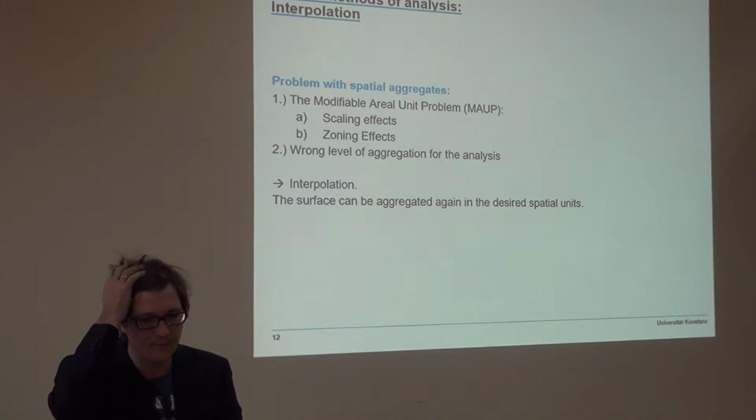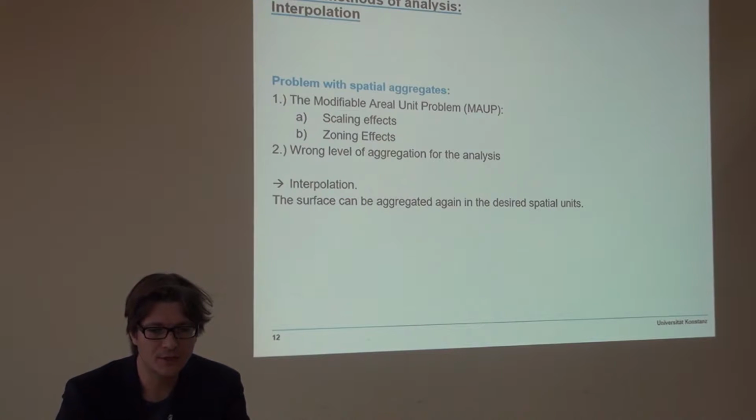The next method of spatial analysis is interpolation. So now I show you some methods, only so that you know that these methods exist, and then I will go into detail with other methods.